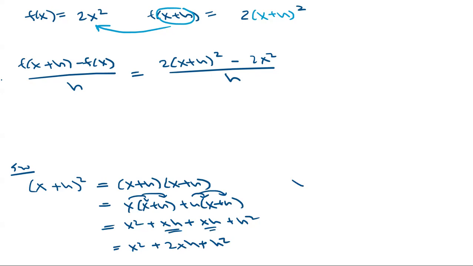The other method is, if I have any type of factor and it's just being squared, what you can do is take that first one, the x, and square it. You can take the second one there and square it, and then you multiply the two.